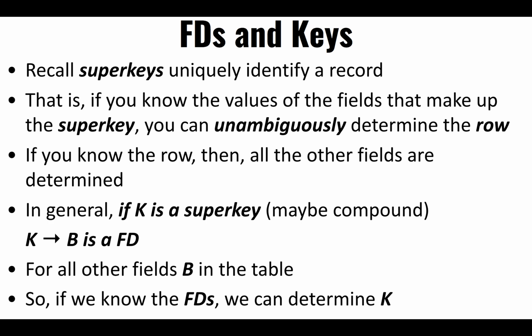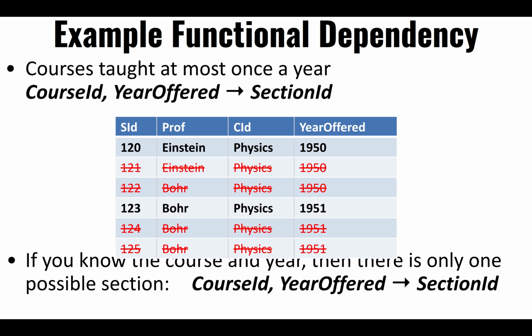So the problem here is redundancy that is introduced when you have non-keys that might imply other values. For instance, here where Einstein and physics might not be primary keys. The primary key here is student ID, yes, but these over here are not keys.